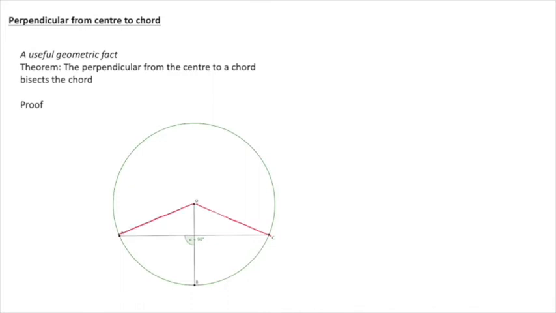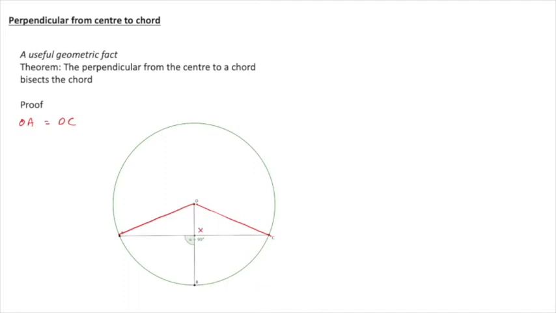So we draw again, it's that same thing of drawing radii in, so we draw radii from O to A and from O to C, and they are both radiuses, so we know that OA equals OC.